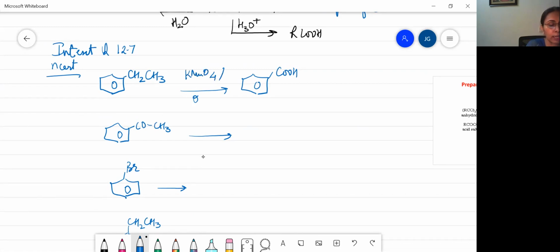Let's take alkaline medium, followed by H3O positive. Okay, you get the carboxylic acid. Now this is what? Acetophenone. This molecule is acetophenone. So this can also be converted into carboxylic acid by the same process.